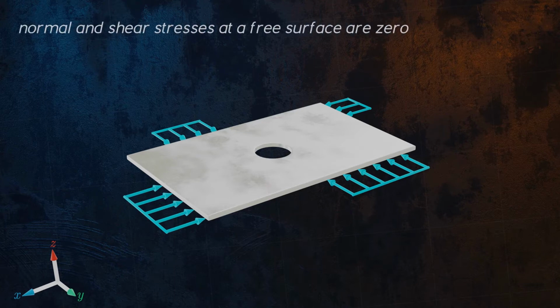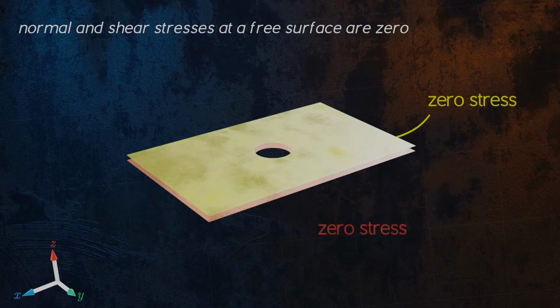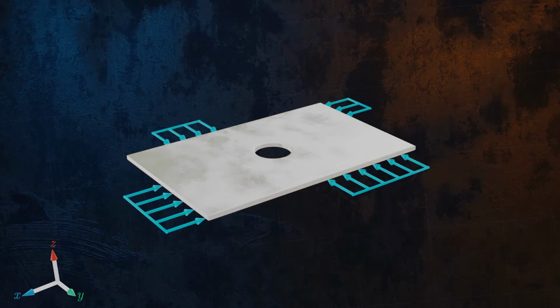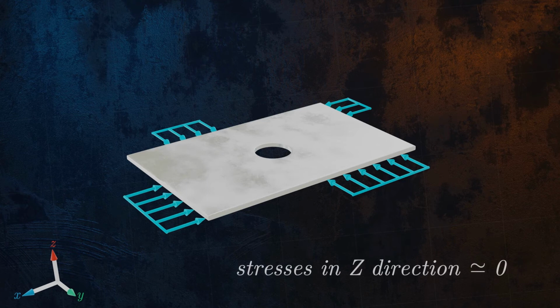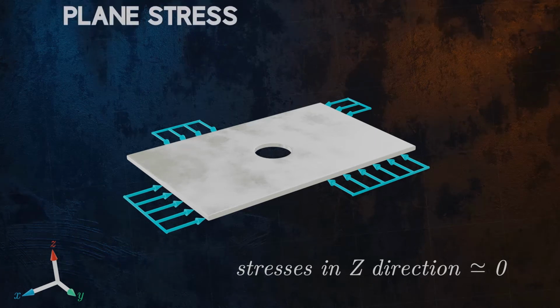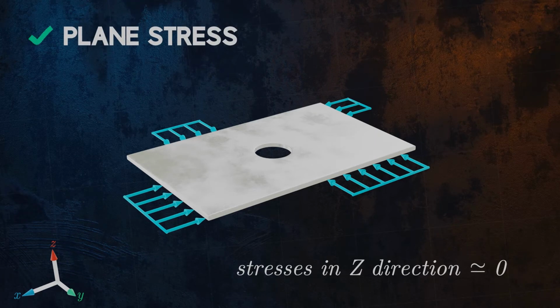We know that normal and shear stresses at the free surface are always 0. This means that the stresses on the top and bottom faces of the plate must be 0. And because this plate is very thin, there can't be much variation in stress through the plate's thickness, meaning that the stresses in the Z direction will be close to 0 all the way through the plate, because the only non-zero stresses are acting in the XY plane.